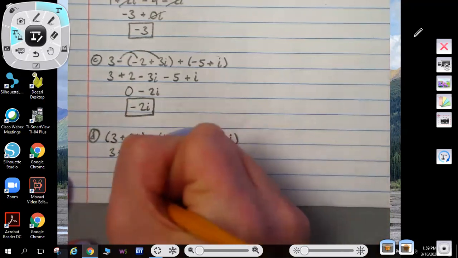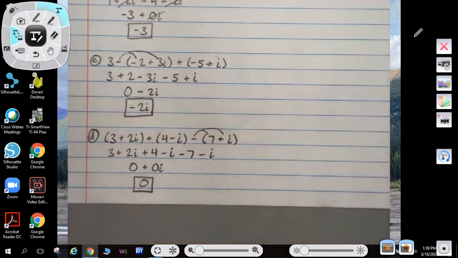All of that just simplifies to 0. Okay, that's adding and subtracting complex numbers. Now we're going to look at multiplying complex numbers.